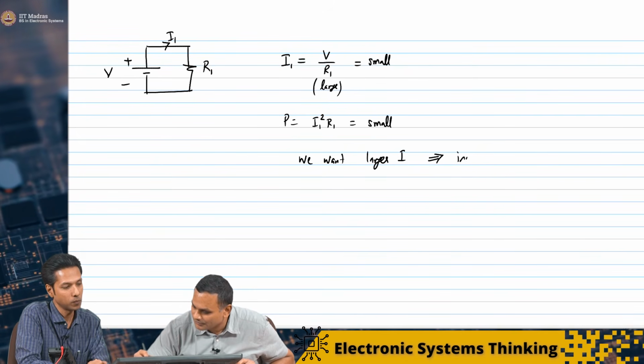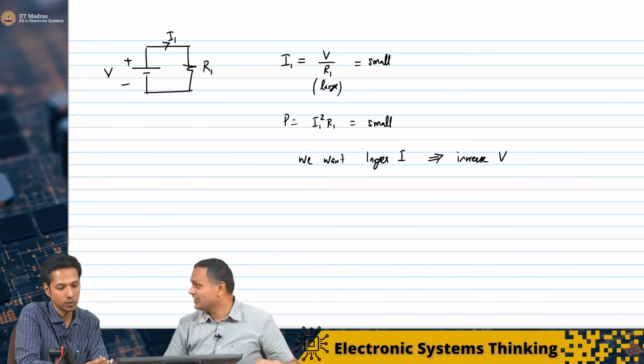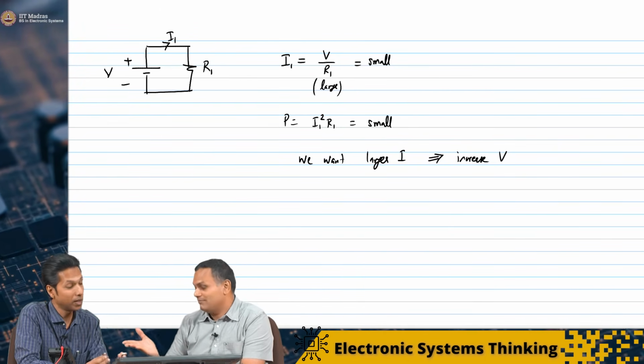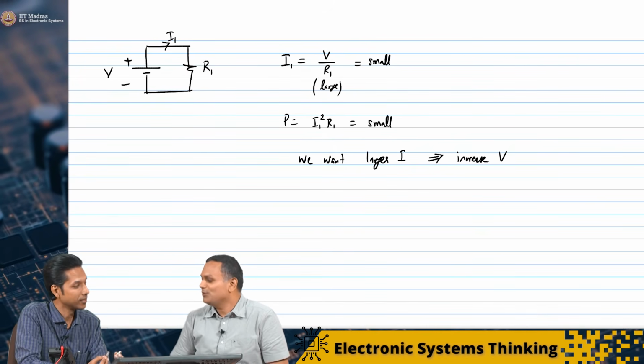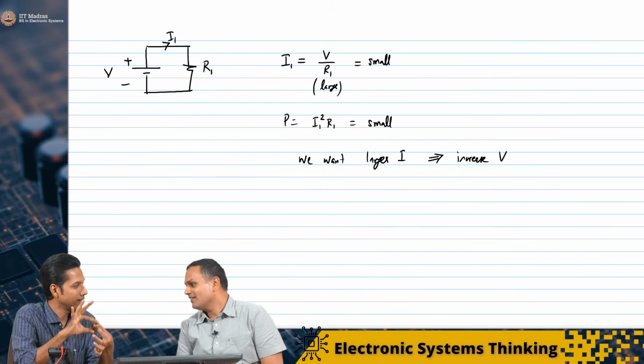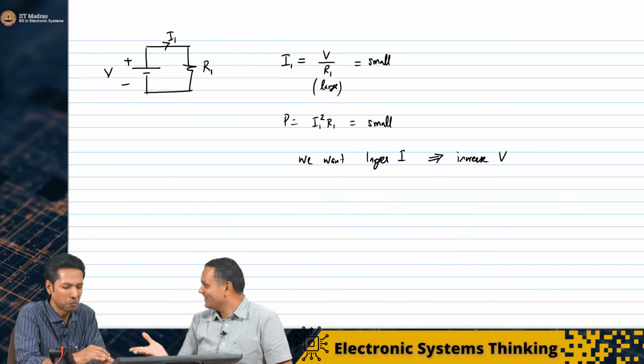Which means increase the potential difference. Now, you suggested using a second battery. But how will you connect them? I'll connect them like this. Parallel? Try it out. Are you able to feel anything? No, most likely not.